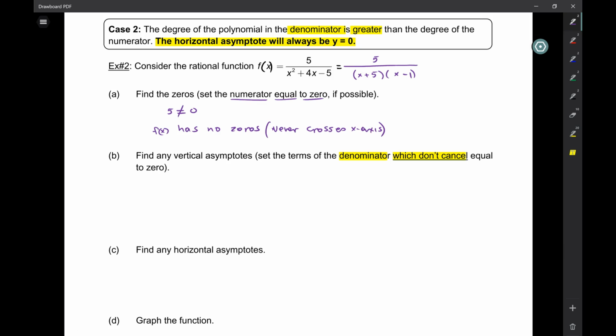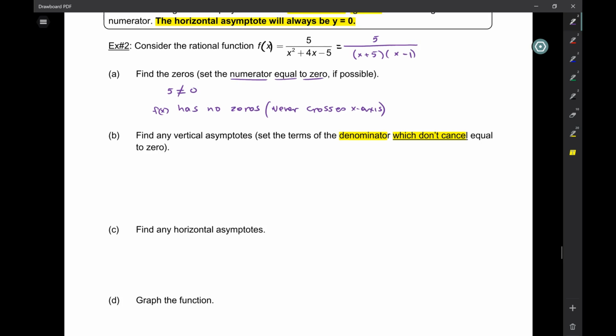No. That stuff in the denominator is there for good. Because they don't cancel, they give us vertical asymptotes. So set x plus 5 equal to 0 and x minus 1 equal to 0.